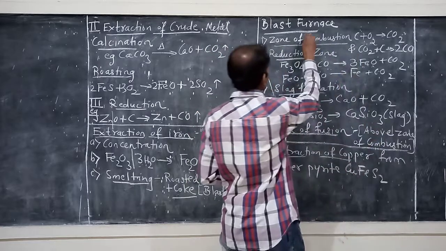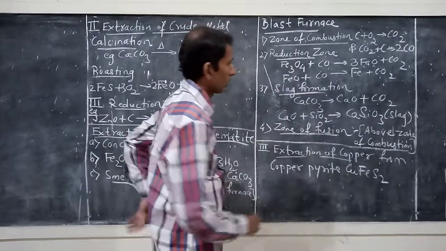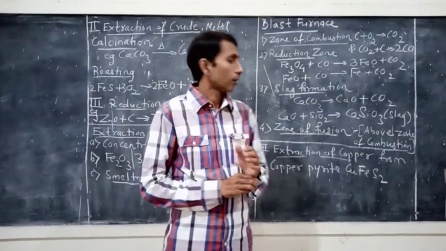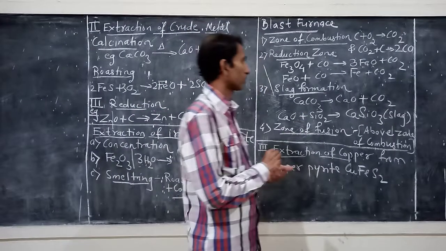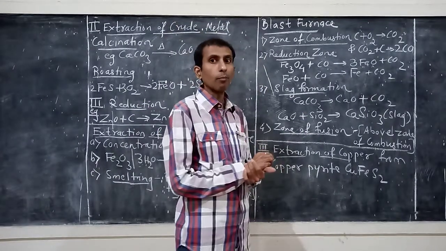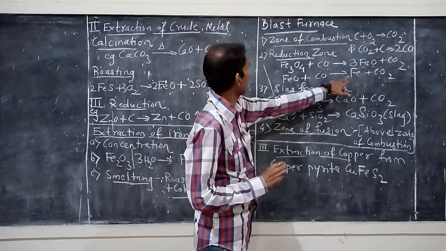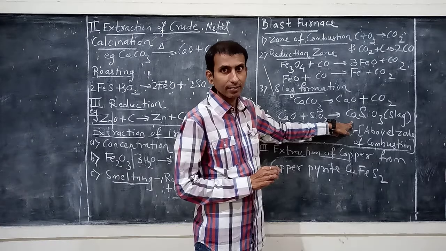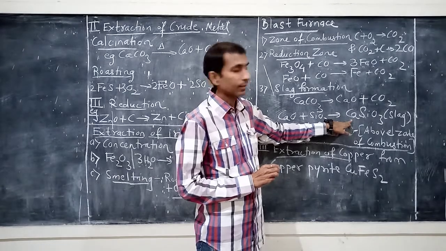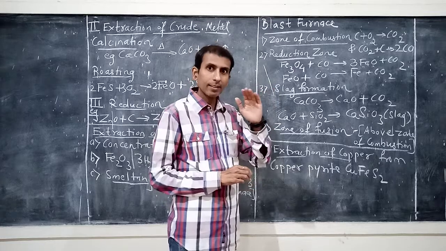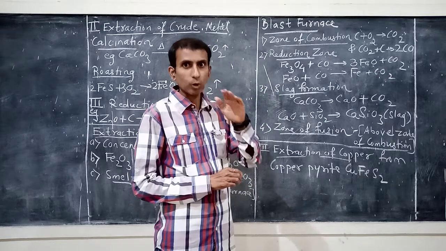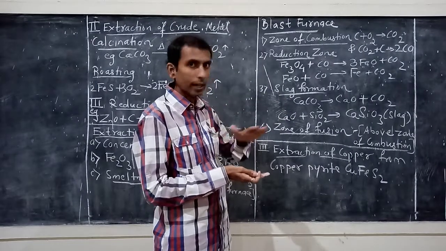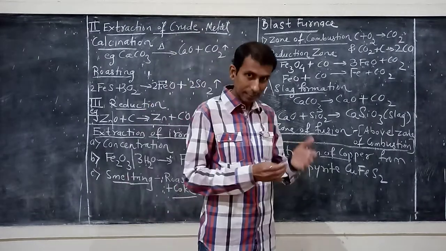Now we have the last zone, that is the zone of fusion, which is present above the zone of combustion. In the zone of fusion there is formation of molten Fe, which is obtained in the zone of reduction, and also molten slag. The density of the slag is less than the molten iron. That's why slag will float on the molten iron at the bottom, and very easily they can be separated.